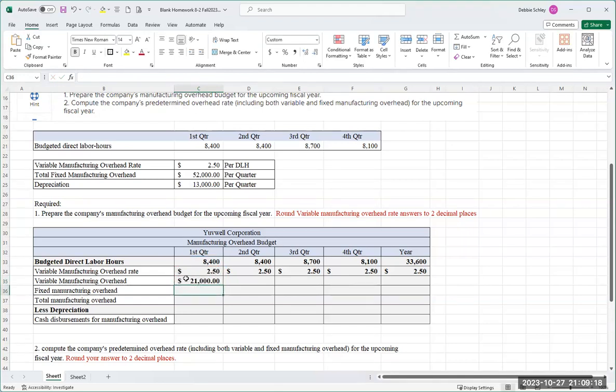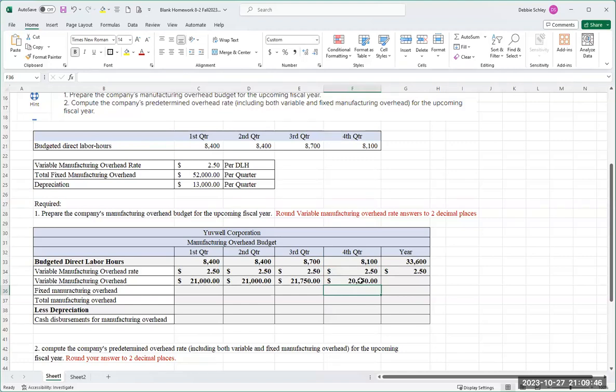And that gives me my variable manufacturing overhead per quarter. I'm going to drag that across second quarter, third quarter, fourth quarter, and that will populate those. So each of those, it's just the budgeted direct labor hours times the variable manufacturing overhead rate in each of those. That's what that number is. Okay.